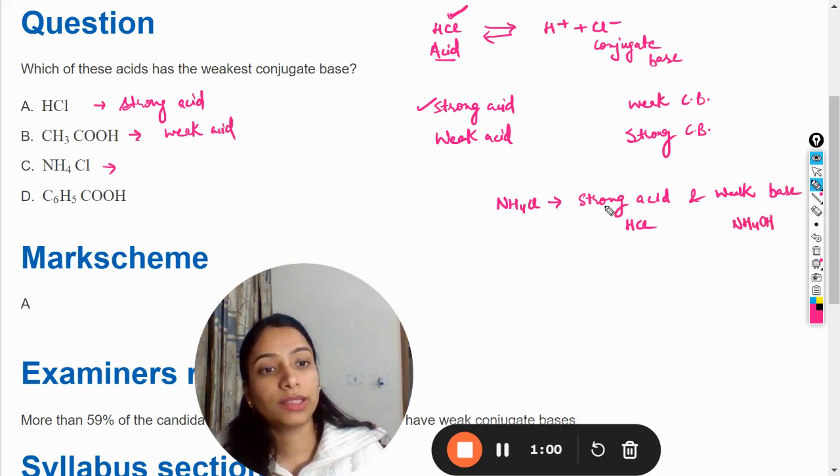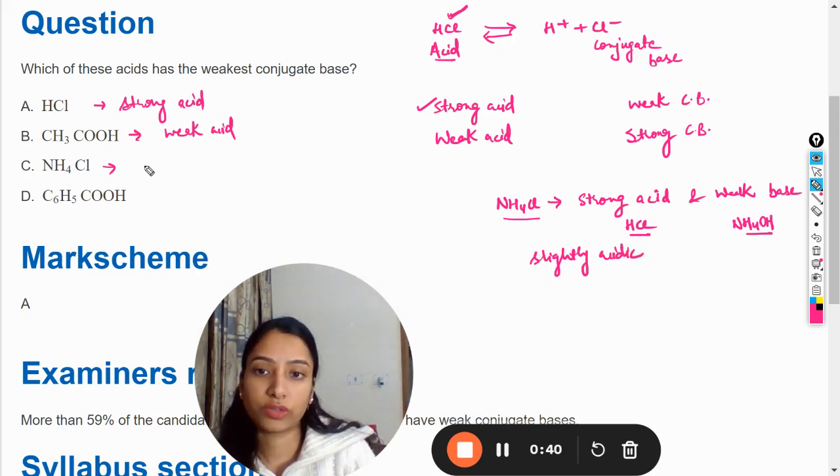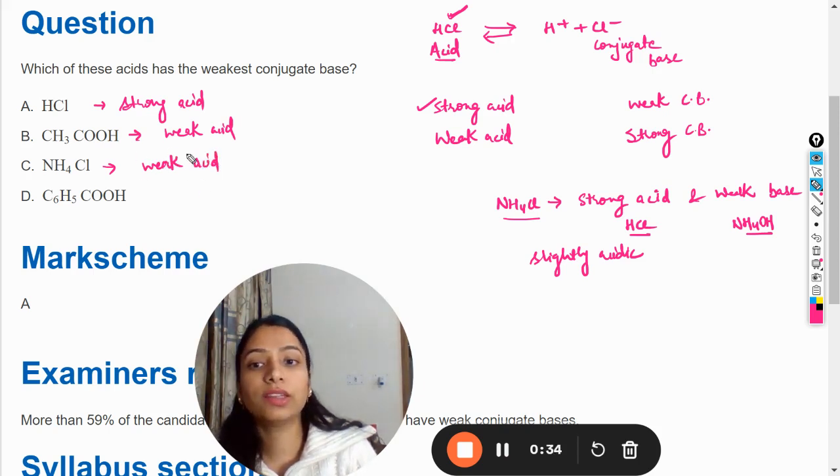Here, the strong acid is HCl and the weak base is NH4OH. So the salt solution of this ammonium chloride will be slightly acidic. So it will be a weak acid, we can say. Or we can say the solution of ammonium chloride is slightly acidic.